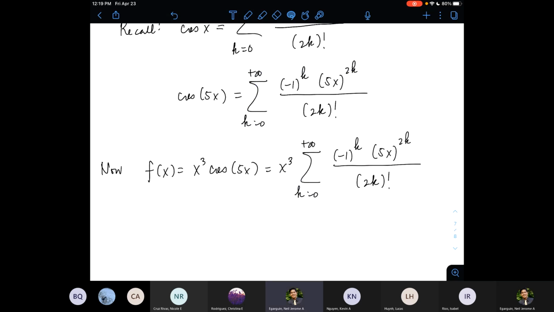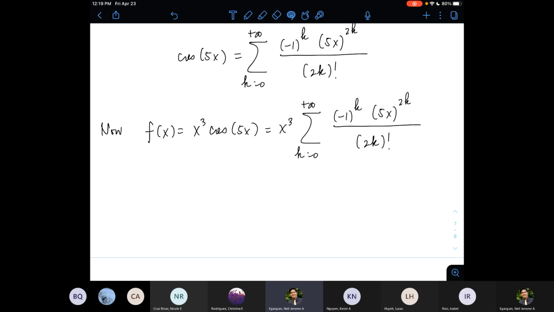Okay, so that's the expansion of cosine 5x. Then I can use the distributive property of multiplication over addition to put x cubed inside of the sum. But probably before I do that, let me simplify the sum first. Play with the laws of exponents. I still have a 2k factorial in the bottom.